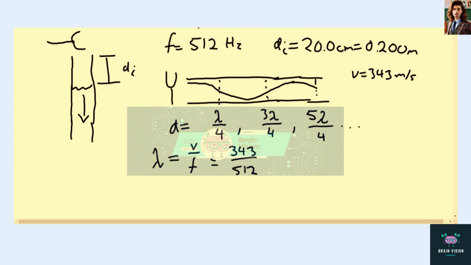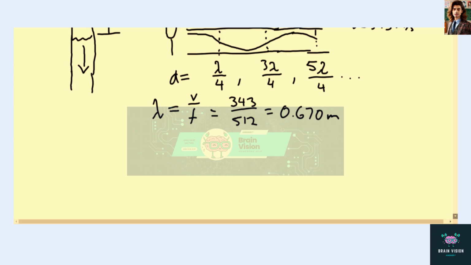And that gives us that lambda, the wavelength, is equal to 0.670 meters. And then we just try these different distances, lambda over 4, 3 lambda over 4, 5 lambda over 4, going from the smallest to the largest, until we get the first two that are greater than 20 centimeters.